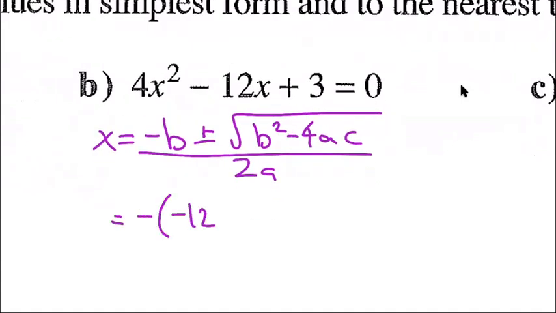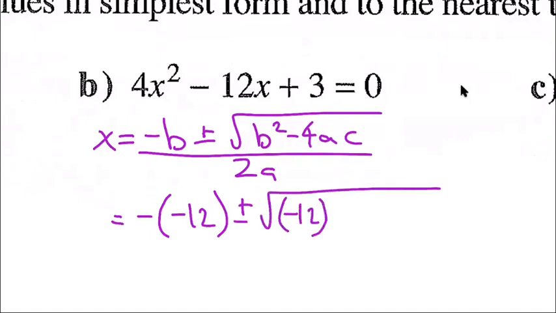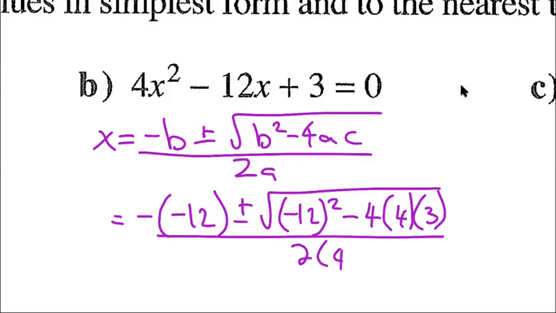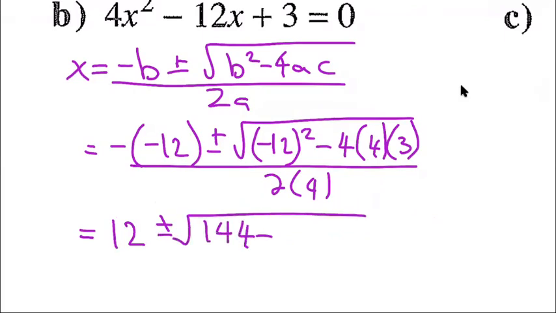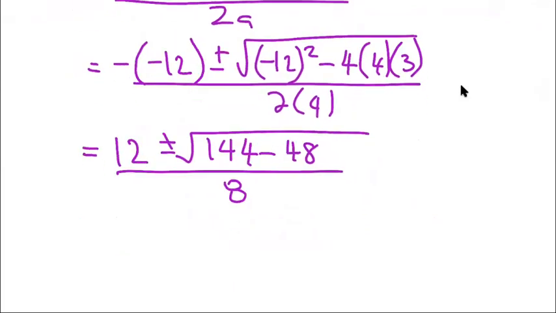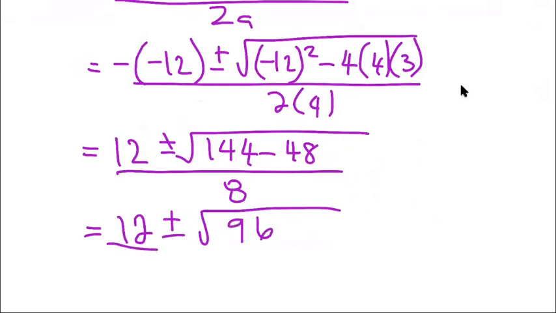Minus 12 plus or minus the square root of -12 squared minus 4 times 4 times 3 all over 2 times 4 gives me 12 plus or minus the square root of 144 minus 16 times 3, 48, all over 8, equals 12 plus or minus the square root of 96 all over 8.